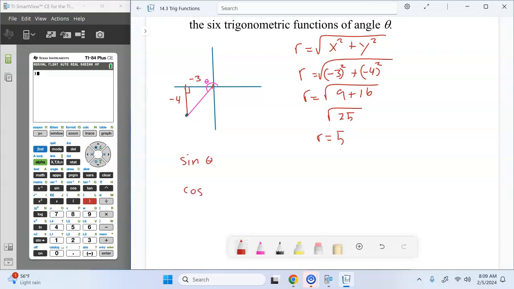Sine, cosine, tangent. What's the reciprocal of sine? Cosecant. What's the reciprocal of cosine? Secant. What's the reciprocal of tangent? Cotangent. All right, so sine is going to be what ratio?